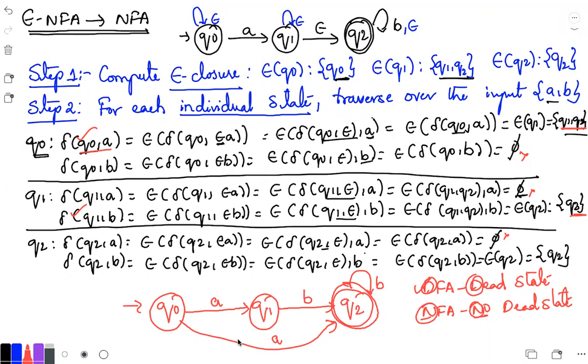Sir, Q1's epsilon closure also has Q2, no sir? Then Q1 will also be a final state, no? That's the difference. In the DFA conversion, I name the states as A, B and C, merging the epsilon closure states. But here that's not the case. I haven't merged any state, right?